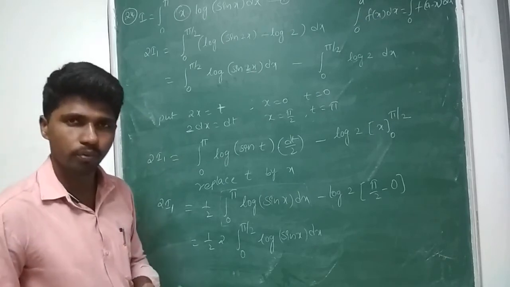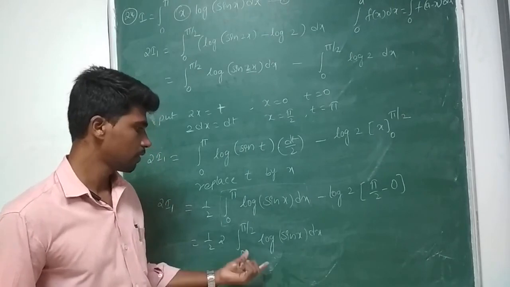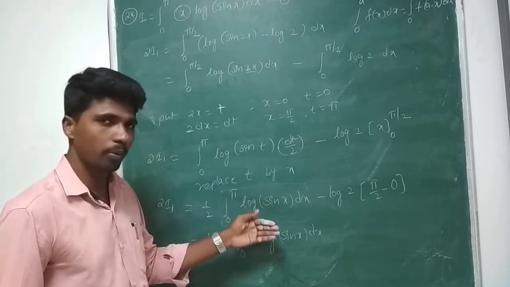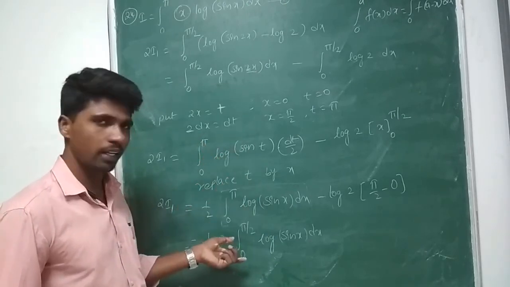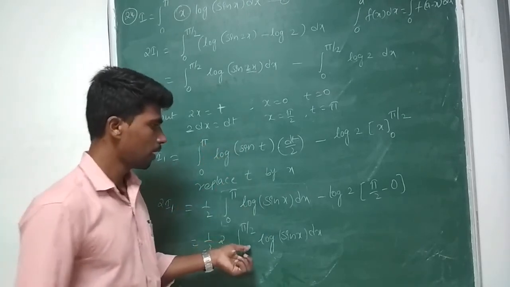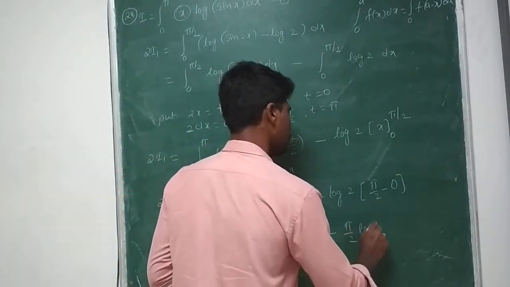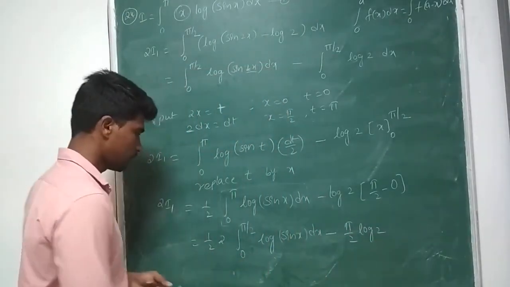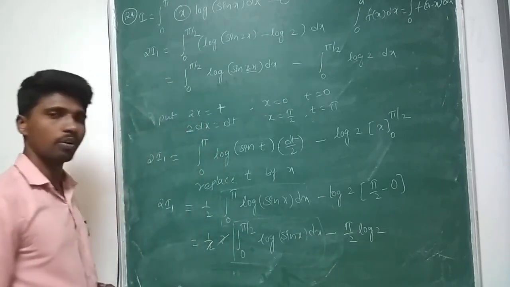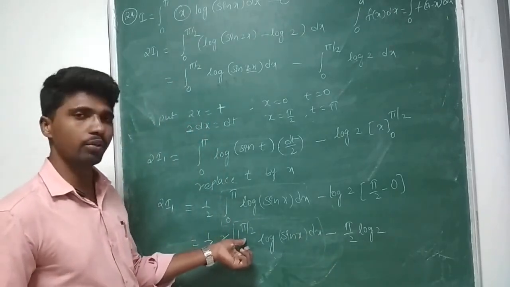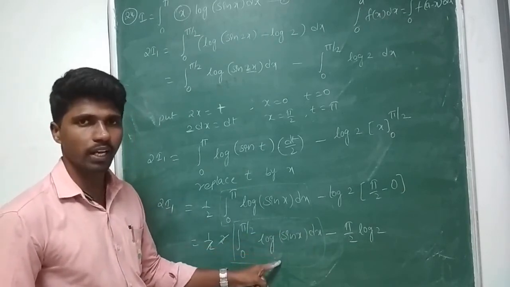This we already did in this problem two steps back, in the very beginning. So now minus pi by 2 minus 0, pi by 2 into log 2. So the 2 and 2 get cancelled. This can be replaced as I1. What we considered, integral 0 to pi by 2 log sin x dx, we consider as I1. So replace this one as I1.